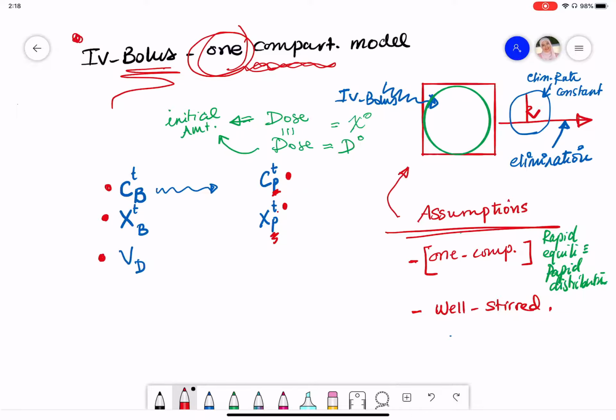And from the name of it, it's related to the stirring, which means that the drug is stirred very rapidly, instantaneously, when it's going inside the body. Okay, so again, the drug is mixed instantaneously in the blood and the plasma.